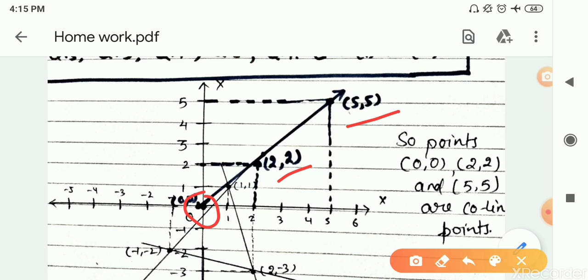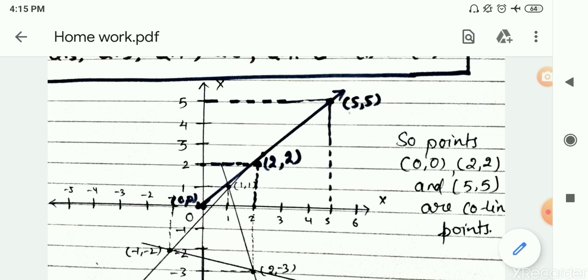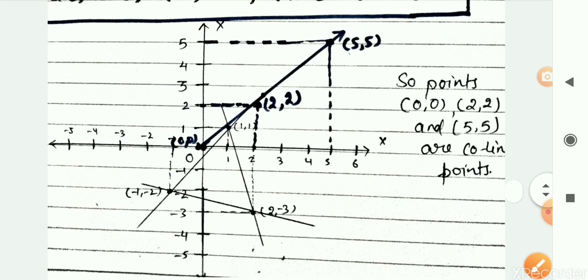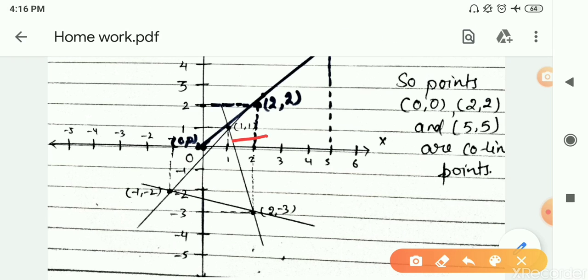You can see that we can draw a straight line passing through the points 0 0, 2 comma 2 and 5 comma 5. So we can say 0 comma 0, the origin, 2 comma 2 and 5 comma 5 are collinear points, while the points 1 comma 1, -1 comma -2 and 2 comma -3 are not collinear points.